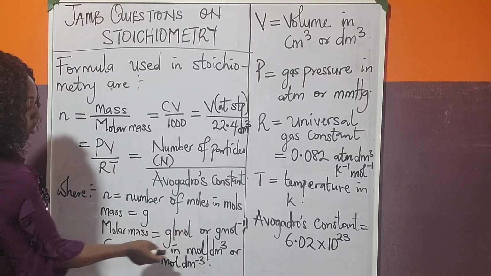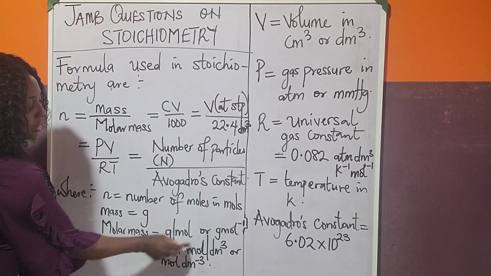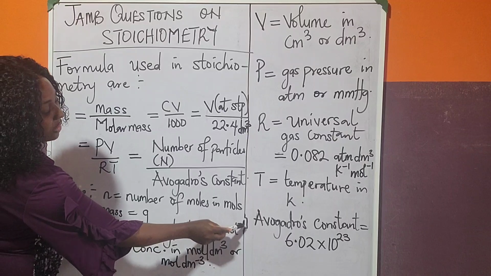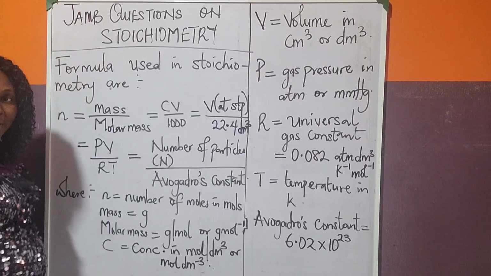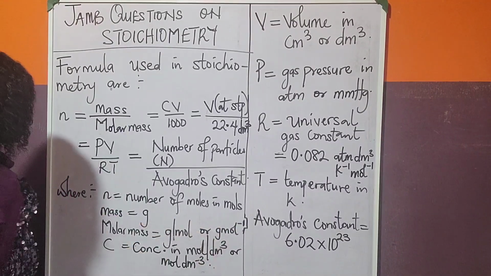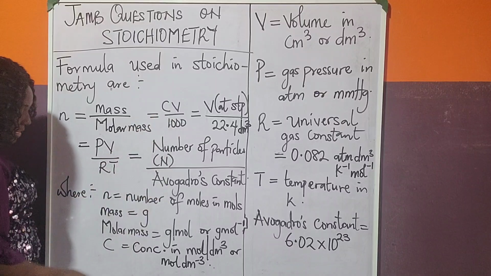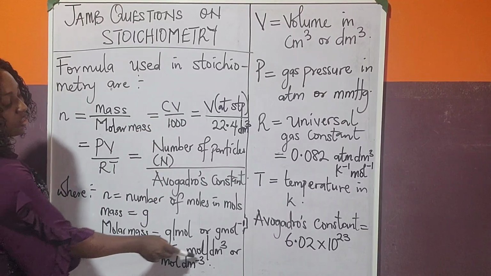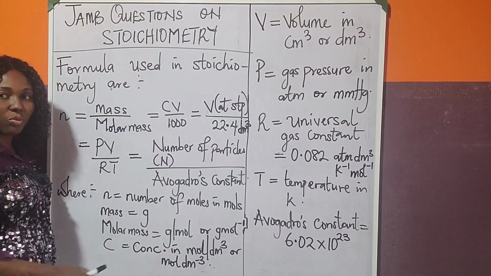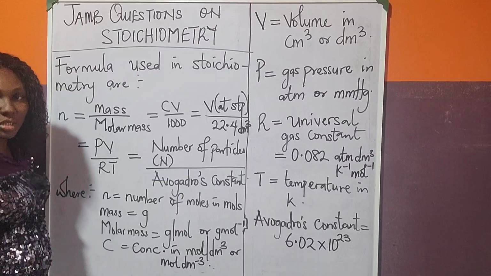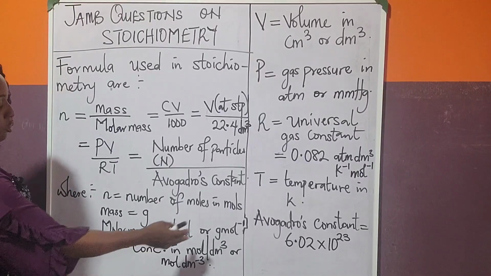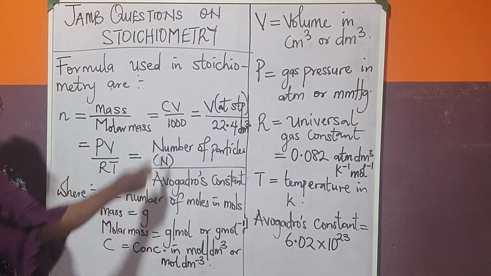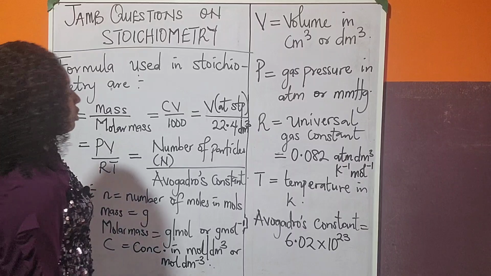If you don't want to write it this way, you can write it using -1 as superscript. So it's gram per mole. Then we have C. C is simply concentration in mole per dm cube. We can call it molar concentration. Then 1000 is just a number.